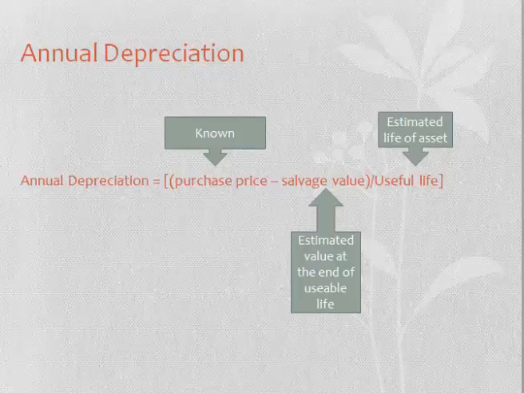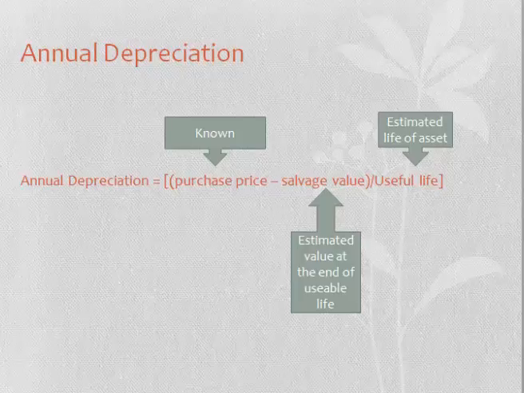What you see on the screen now is just a simple method of calculating annual depreciation. To calculate it accordingly, you would take the known purchase price, what you paid for something, subtract the salvage value, or what's the value at the end of that usable life. And if you're going to use a MACRS system of annual depreciation, which is just a tax basis depreciation, that usable life is already established.